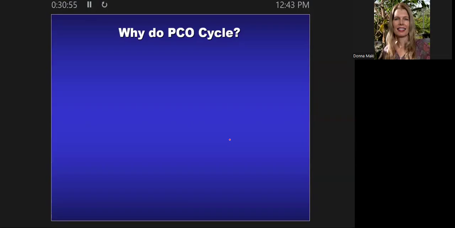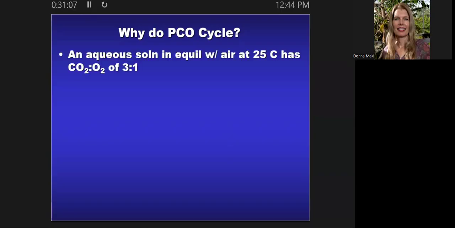Okay. So from the plant's perspective, when would the PCO cycle start to kick in? A couple of things to think about here. First, understanding that when you have an aqueous solution like the stroma in the chloroplast, and if you think about basically room temp, 25 degrees Celsius, and you look at the ratio of how much CO2 to O2 is in that aqueous solution, it's about 3 to 1.